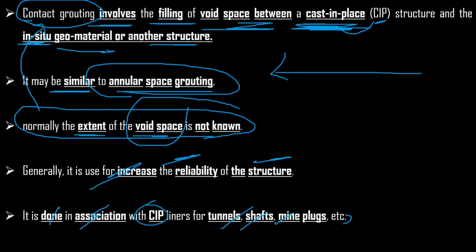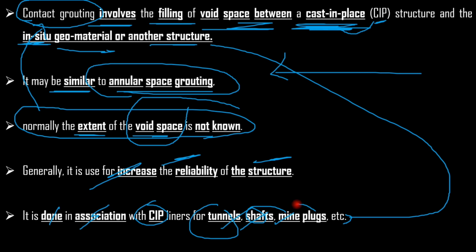So when you have repair or rehabilitation work for this type of construction and you face a void between soil particles or between different conditions, to fill out that problem we use contact grouting. This is one of the simplest examples of the different methods.